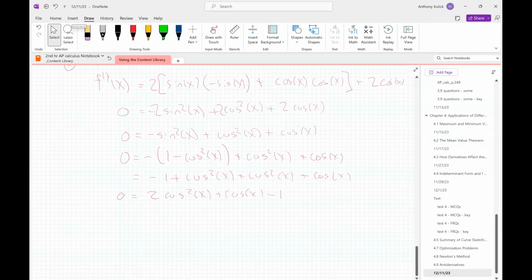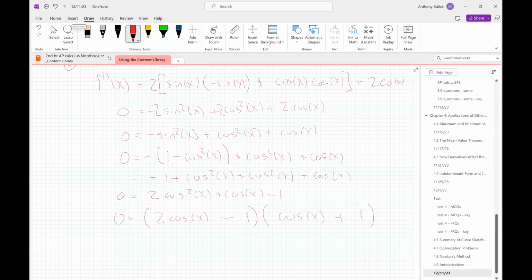That does look a lot like a quadratic. Can we try to factor that like a quadratic? Let's try it. So we know it's going to be 2 cosine x and a cosine x. And then we're going to have 1s over here. We just have to get the plus and minus in the right place. Where should the plus go? Where should the minus go?